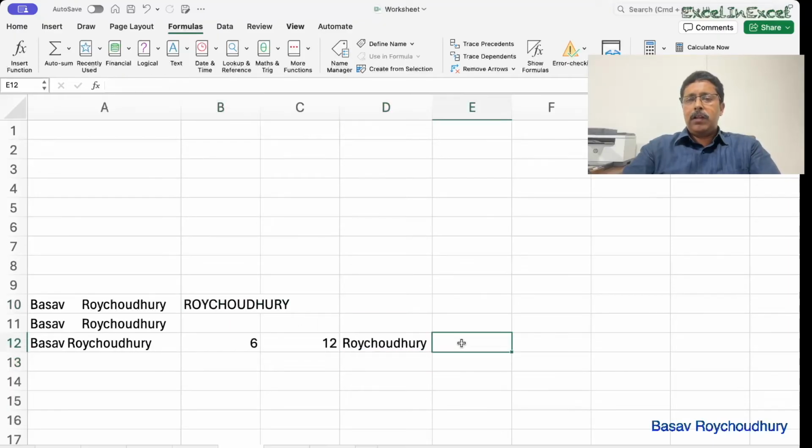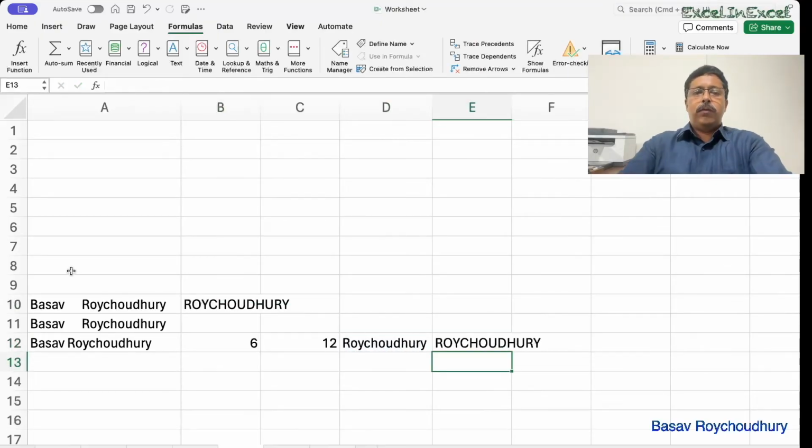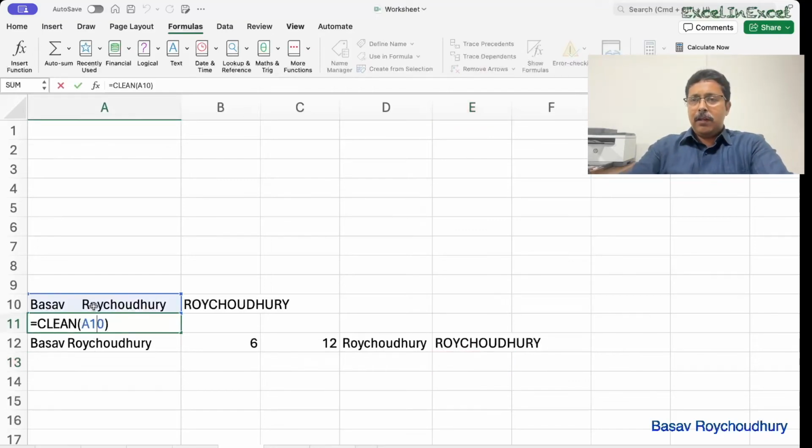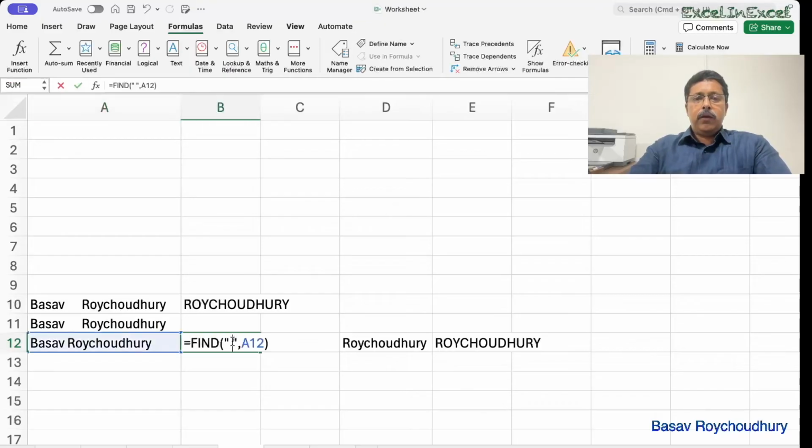Yeah, we wanted it in uppercase, so here we'll use upper, and there we are. So what did we do again? We first cleaned it, removing any non-printing characters that might be there, then we trimmed it to remove extra spaces. Then we used find to locate the space wherever it appears in the name.